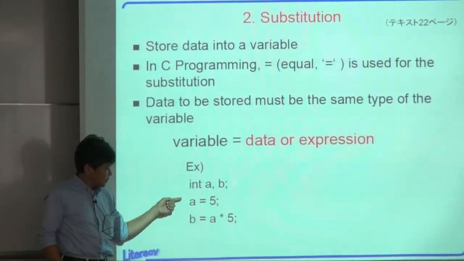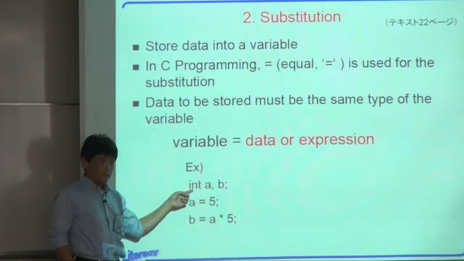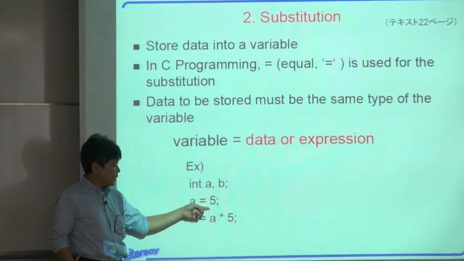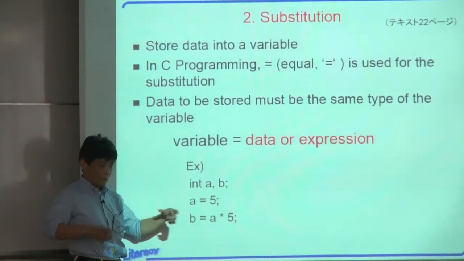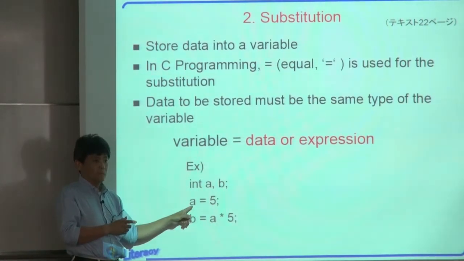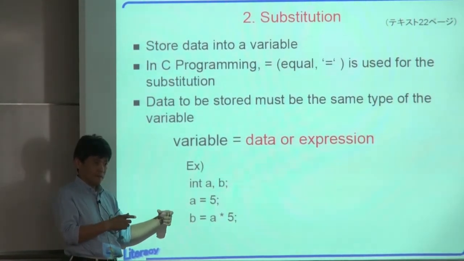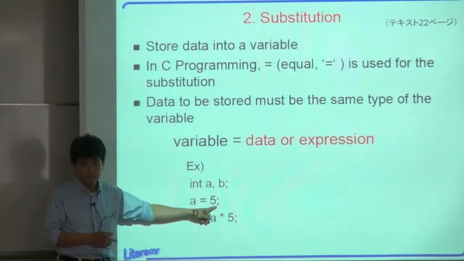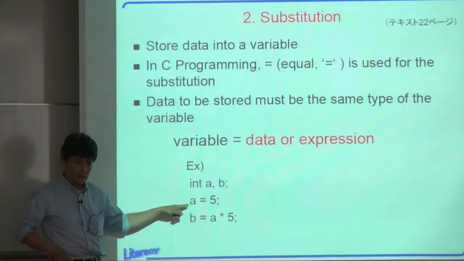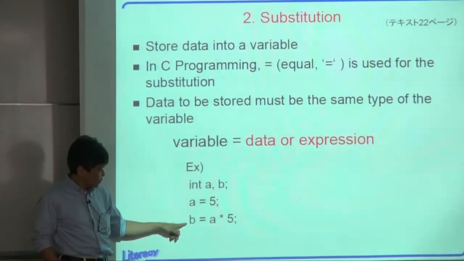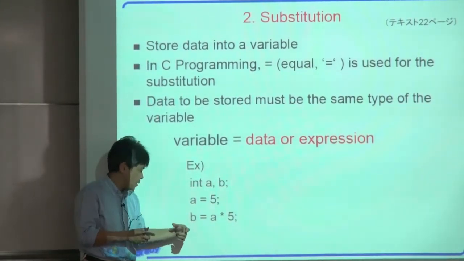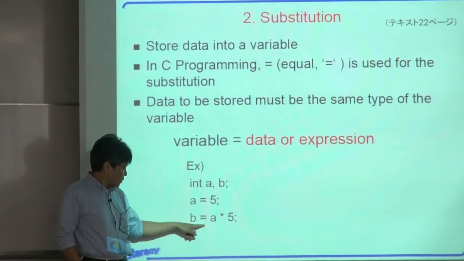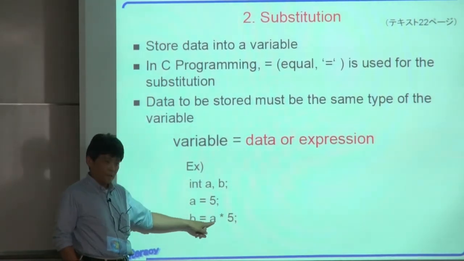Okay, like this. In this case, variable A is substituted by 5, so the box for variable A will have the integer 5. And in this case, the box for variable B will come to have A multiplied by 5.